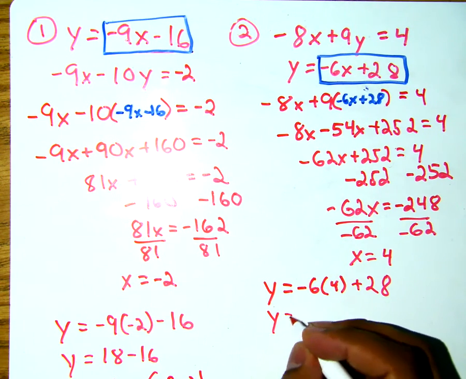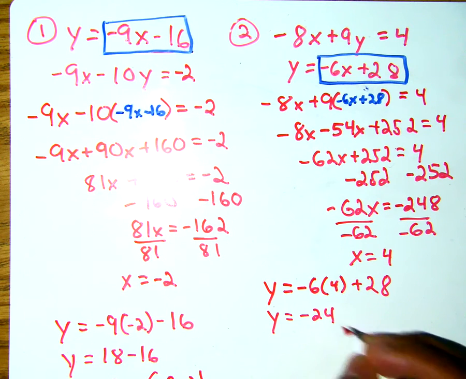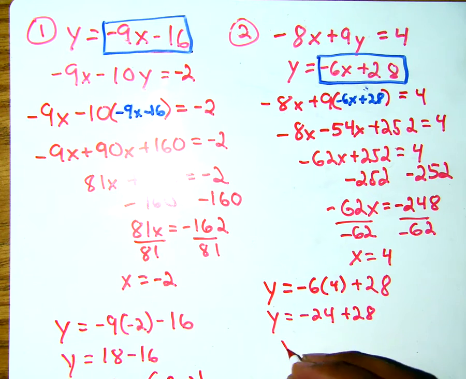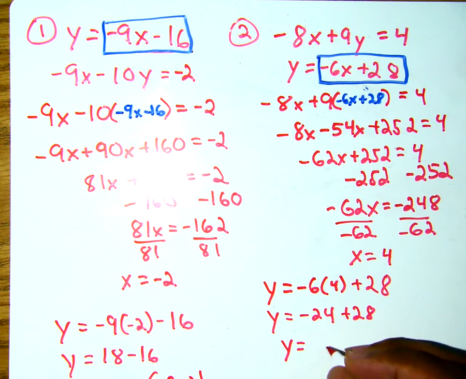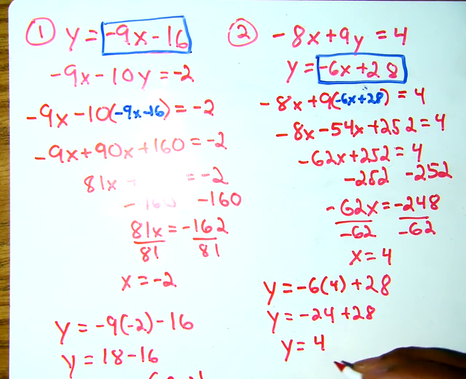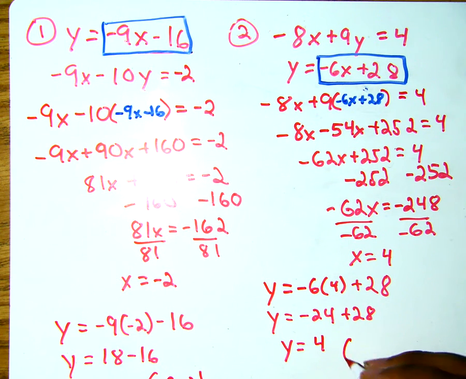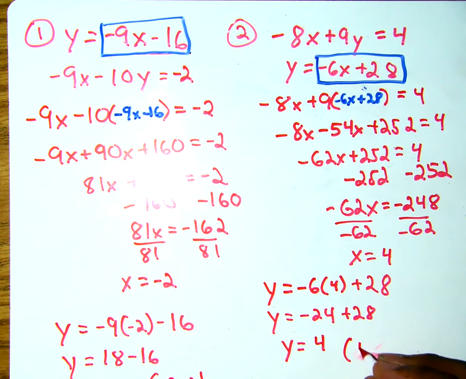That's going to be y is equal to a negative 24 plus 28, and y is equal to positive 4. So the coordinates on this system of equations is x is equal to, well, x is going to be 4, and our y is going to be 4 as well.